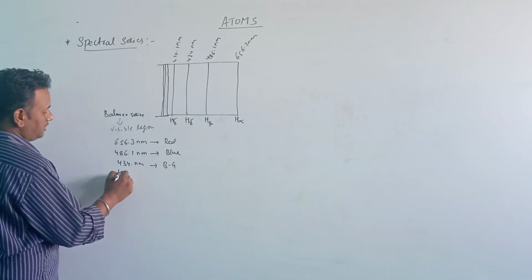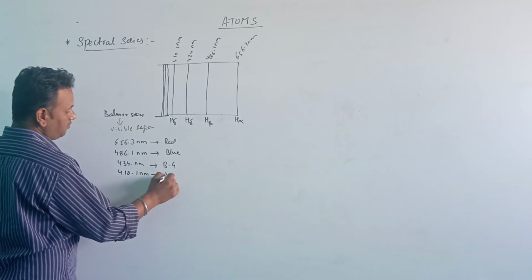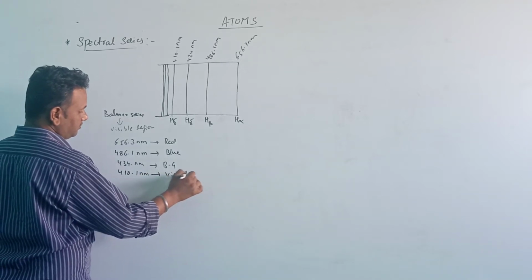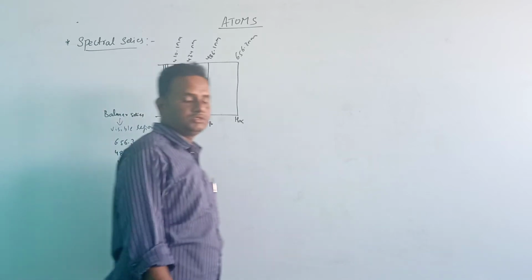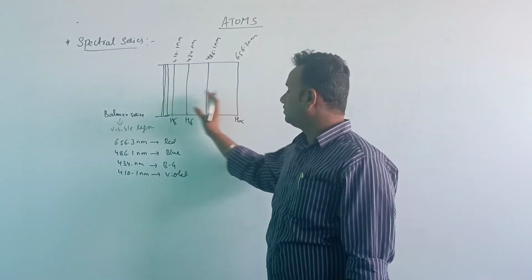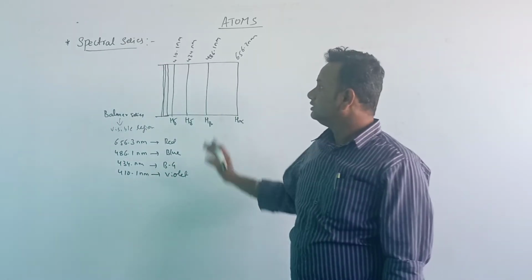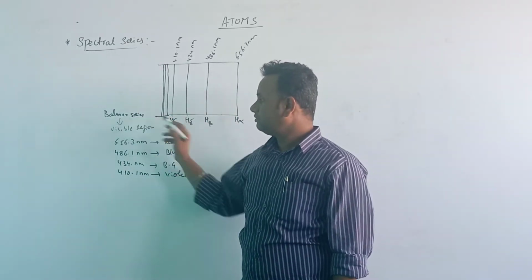Next, 410.1 nanometer is violet. So each spectral line has a particular wavelength in decreasing order and a particular color. That is the Balmer series.